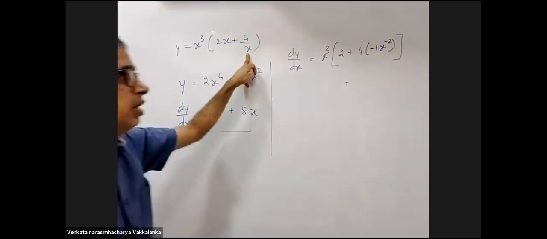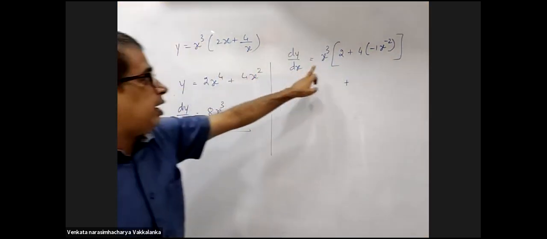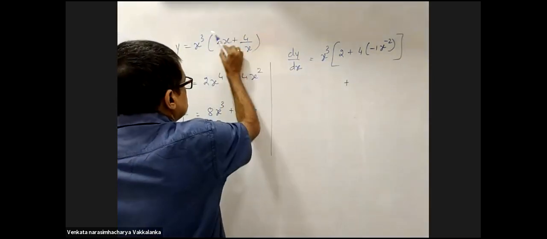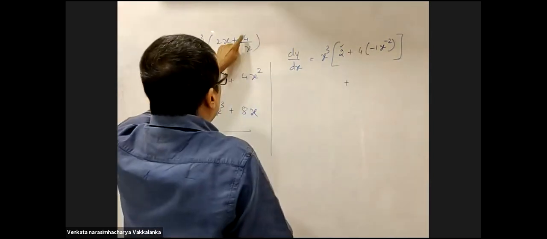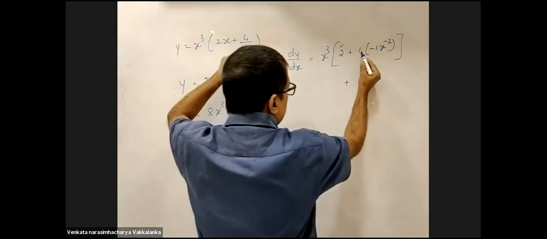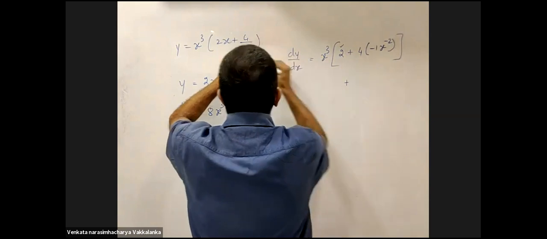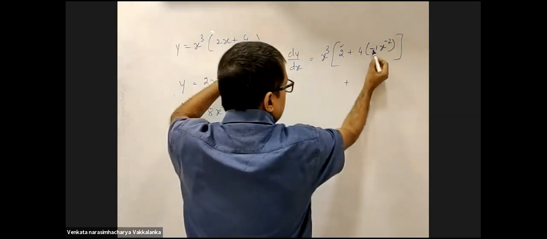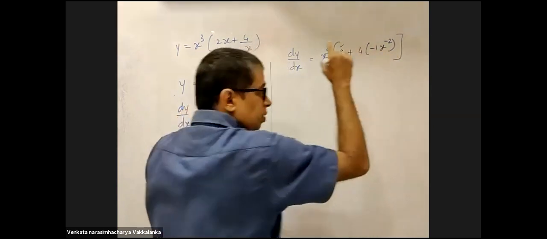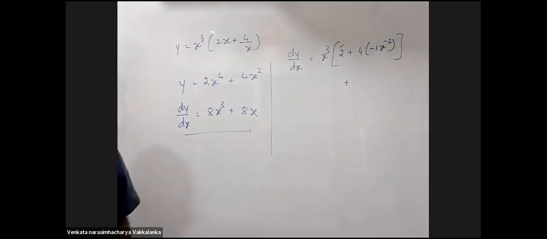See if you people are convinced with the first step. X cube I kept as it is. I differentiated this. Differentiation of 2x is 2. Differentiation of 4 by x is keep 4 as it is, this is x to the power minus 1, minus 1 x to the power minus 1 minus 1.